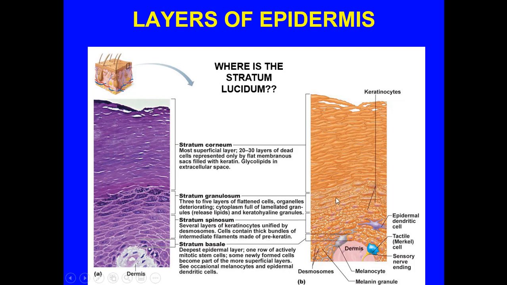As they develop and continue to move upward here, these keratinocytes are going to start going into being more flattened. Organelles are deteriorating, cytoplasm full of laminated granules, basically will release lipids, and you will also have the production and buildup of keratohyalin granules. When you go from here to there, going from the granulosum layer to the stratum corneum, dead cells, 20, 30 cells thick.